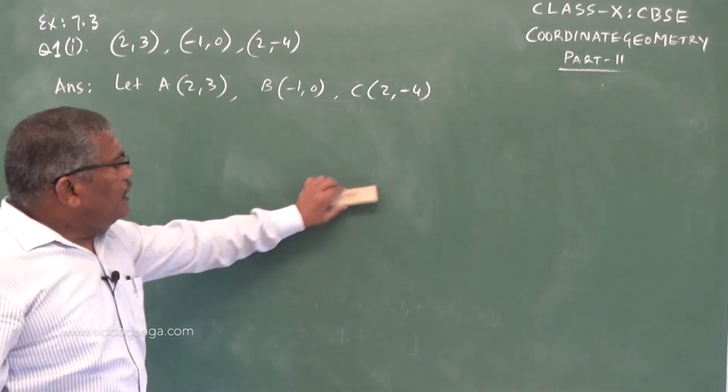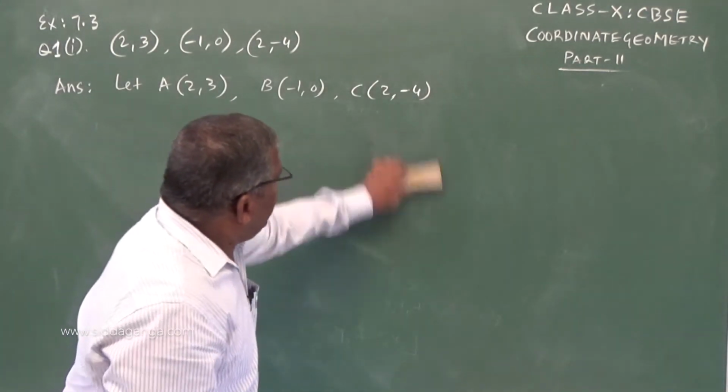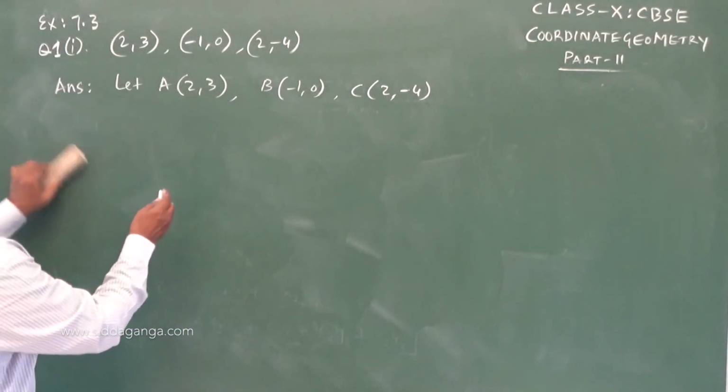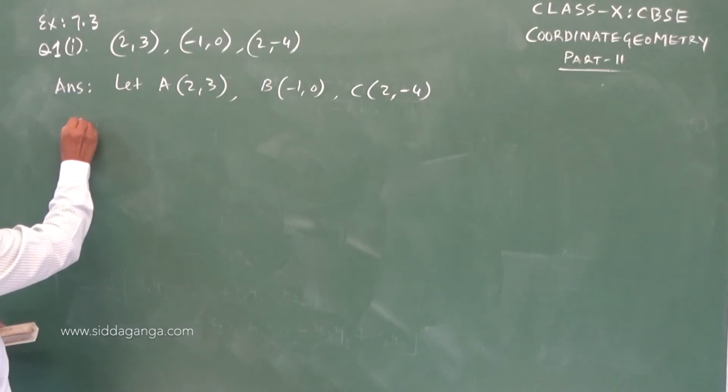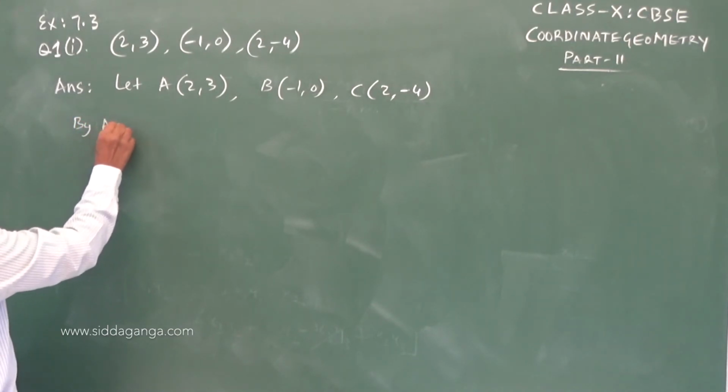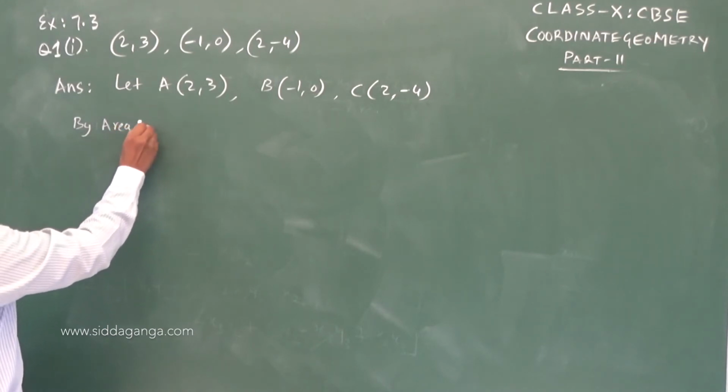Now, coordinates are given. You have to find the area of the triangle by the area formula.